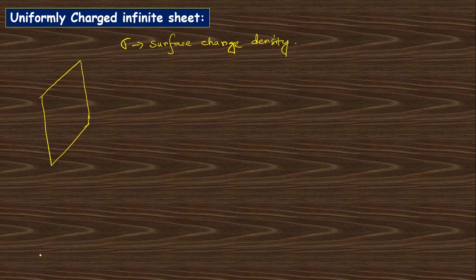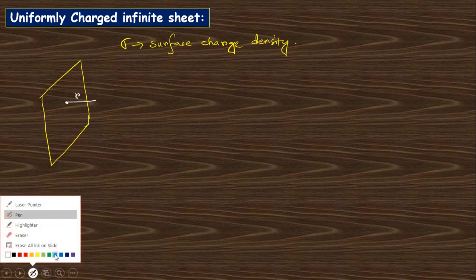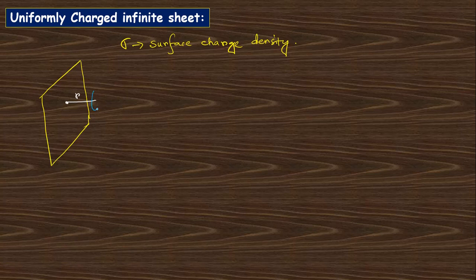Okay. So we want to find the electric field at a distance r from this. For that we can draw the Gaussian surface like this cylinder. This is the Gaussian surface, right?